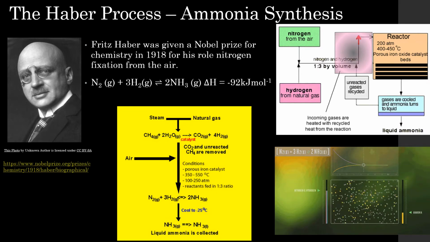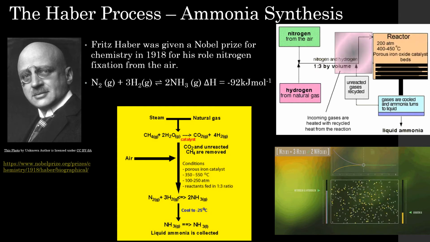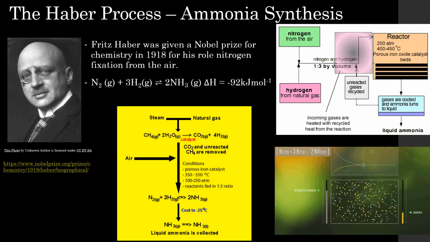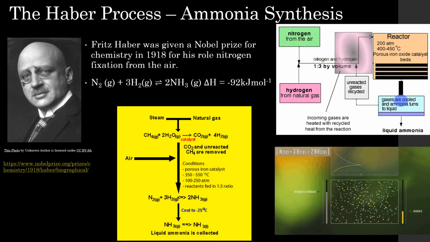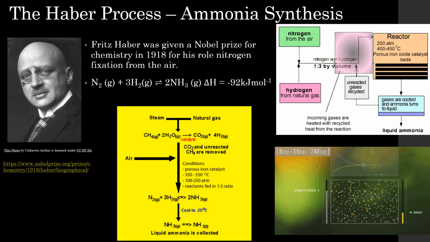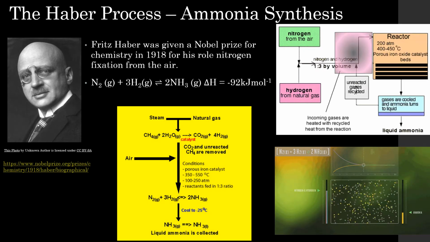So Fritz Haber was a German in 1918. If you remember a little bit of your world history, that was the outbreak of World War I. And so he was controversially given a Nobel Prize for chemistry for his role in nitrogen fixation in the air.